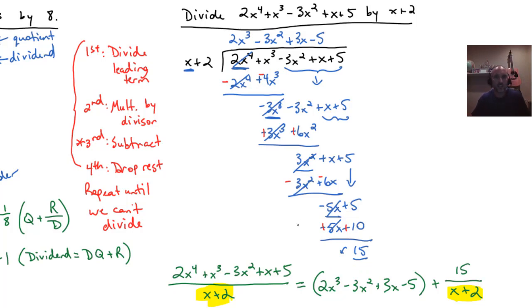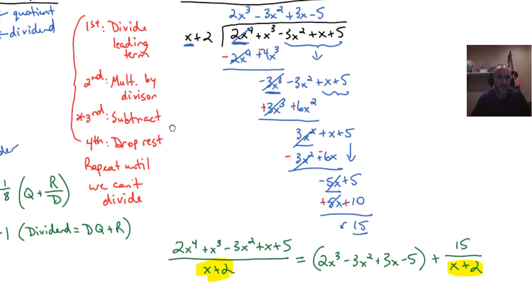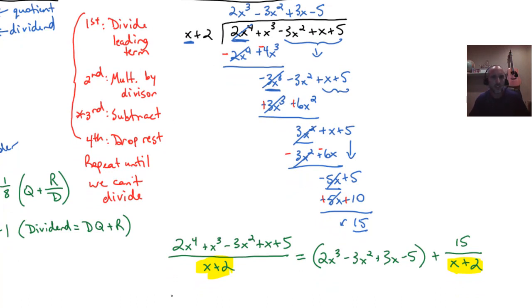Now another way to write this is to break down the dividend. Our dividend, 2x to the fourth plus x cubed minus 3x squared plus x plus 5.